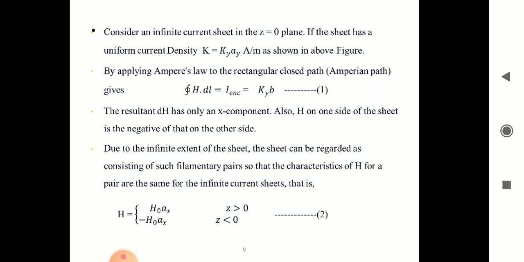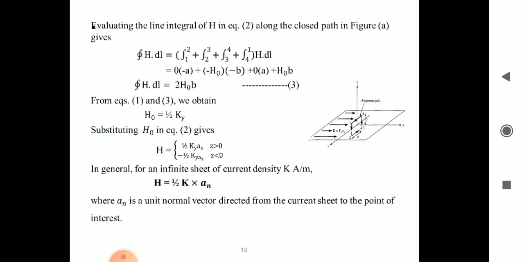Therefore, H is equal to H naught ax if z is greater than 0, and minus H naught ax if z is less than 0. Z greater than 0 means H naught is positive. Z less than 0 means H naught is negative.